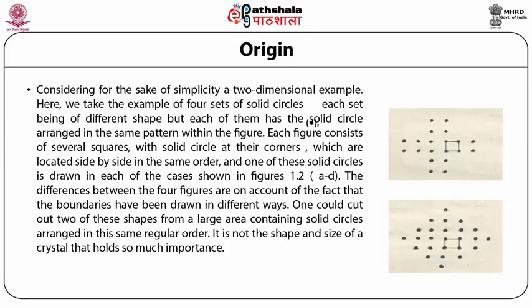Here we take the example of 4 sets of solid circles, each set being of different shape, but each of them has the solid circles arranged in the same pattern within the figure.